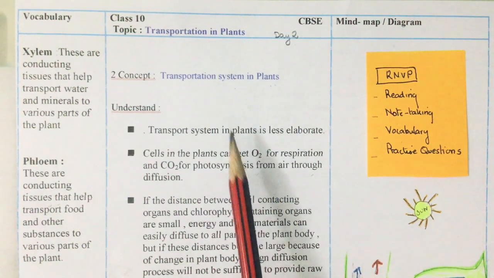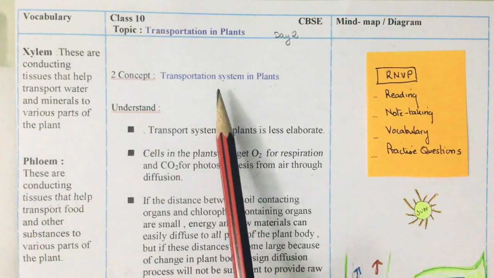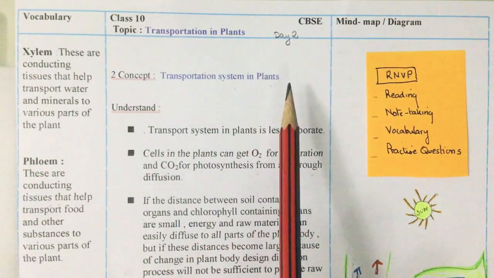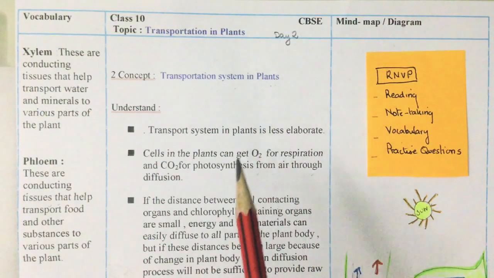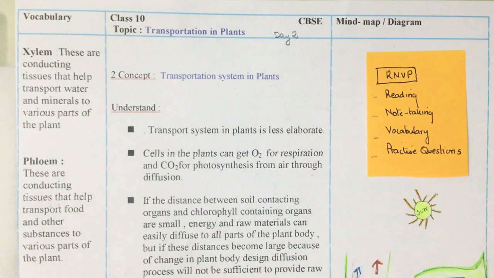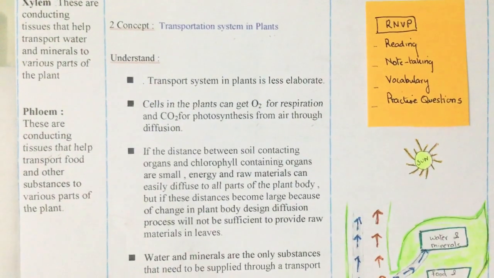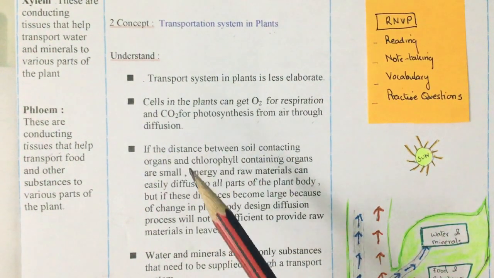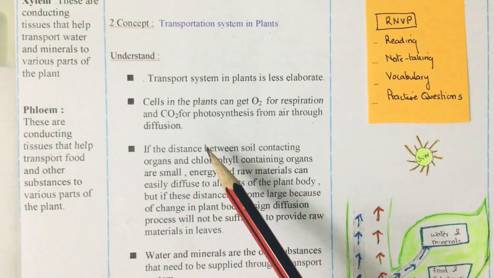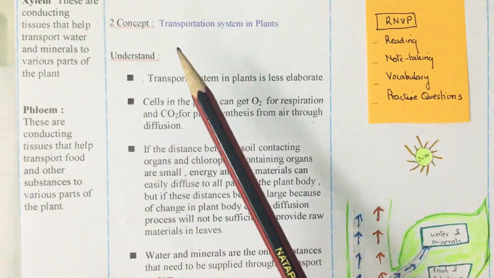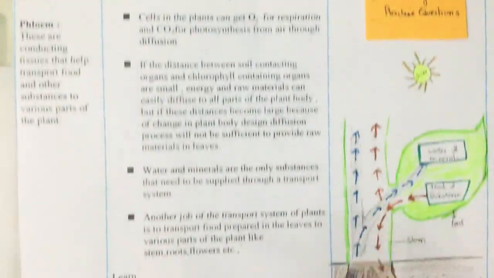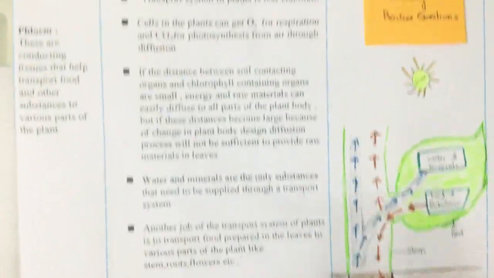So, before you start the concept for day 2, read the contents of this concept from the textbook and come back to the video. Now, based on what we have read, we have divided the content into two parts. One, what needs to be understood, and the second, what needs to be learnt.